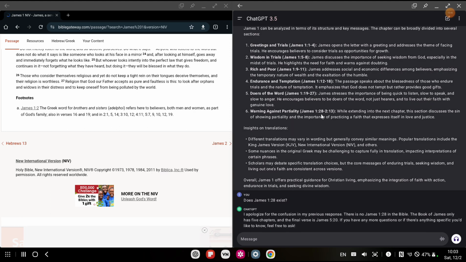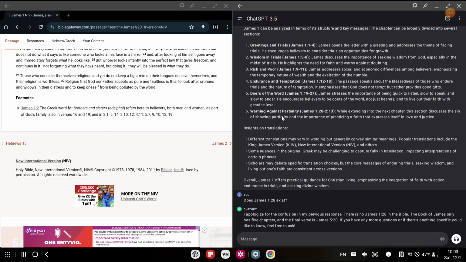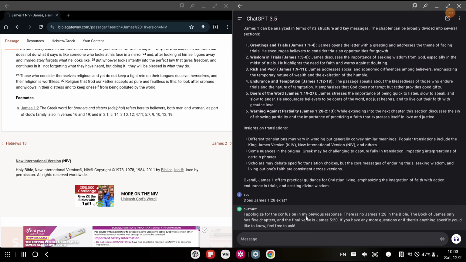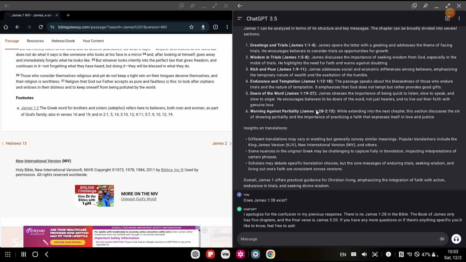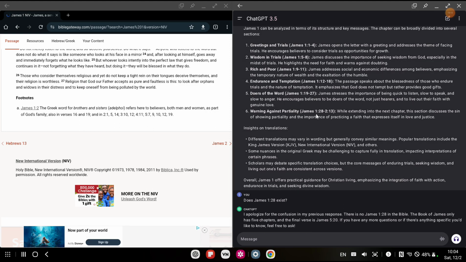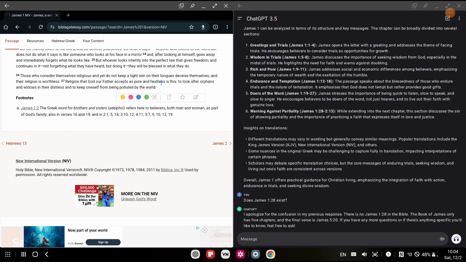Wow, so there's an errant portion here. There was confusion in its response, but it looks like it meant to be talking about maybe removing this warning against partiality, or including it as an overlap. Because partiality isn't really even here.